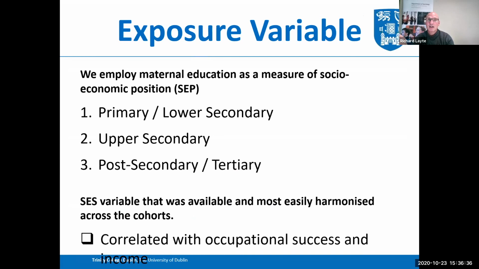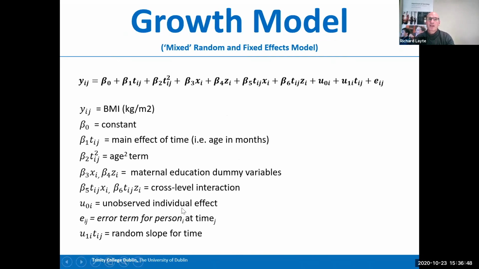And we were basically looking to see whether there were differentials in terms of BMI trajectories for children whose mothers had different levels of education. This is the growth model itself. You don't have to worry too much about this. The main things to look at here are that we've got time in here. So we've got estimates for the main effect of time being entered explicitly into the model.